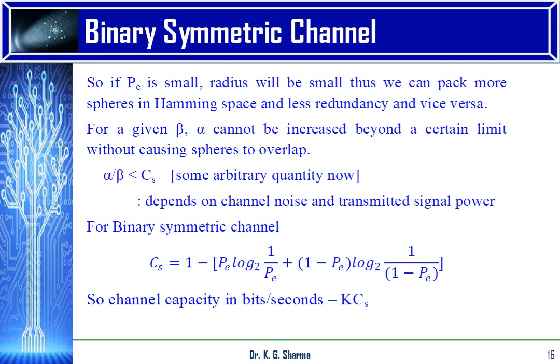Thus, we can say that the ratio alpha by beta should be less than some arbitrary quantity Cs, and it depends upon channel noise and transmitted power. For a binary symmetric channel, formula of Cs is given and it depends upon the value of error probability. So the channel capacity is defined as K times Cs.